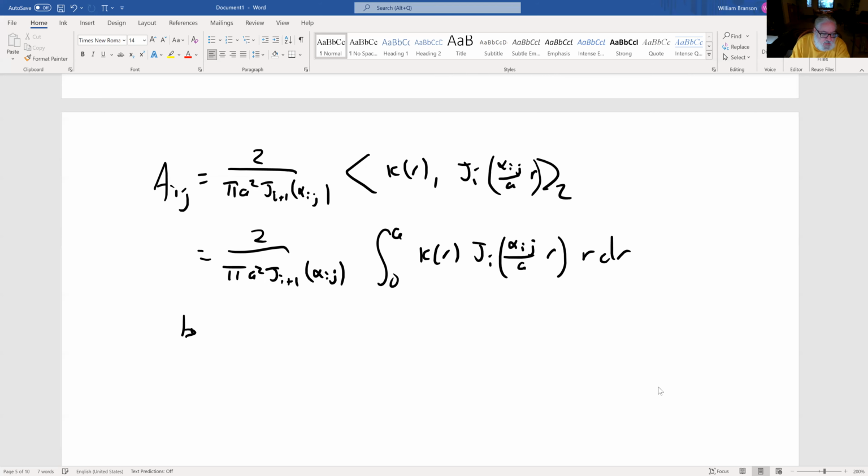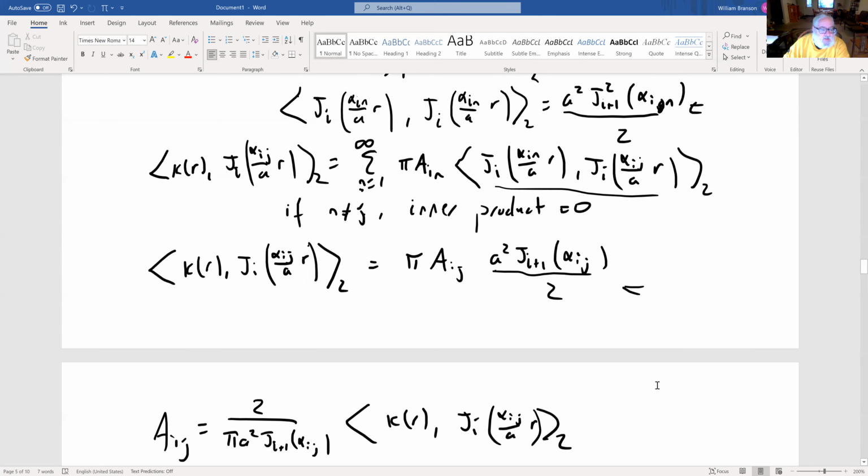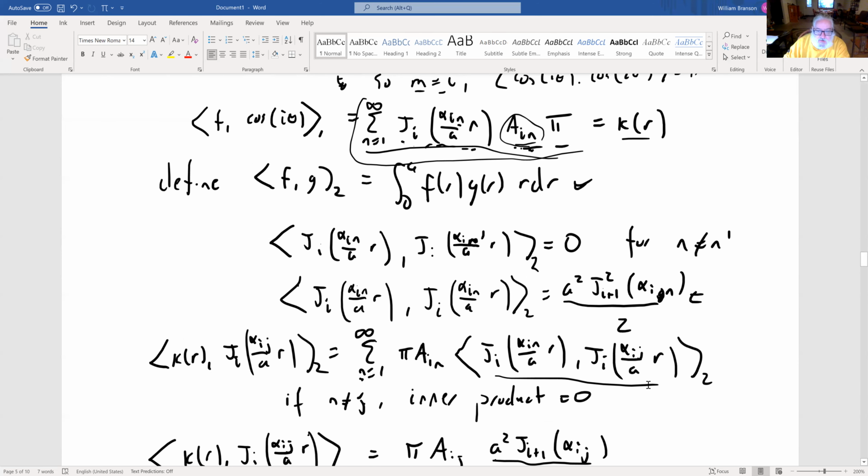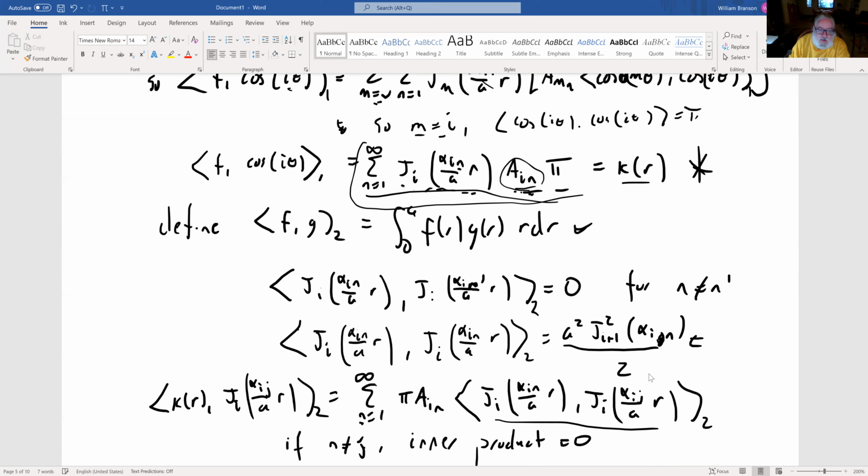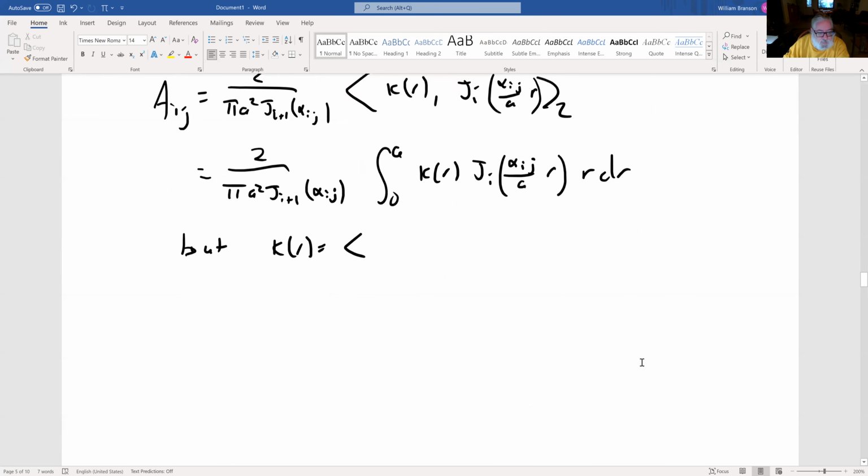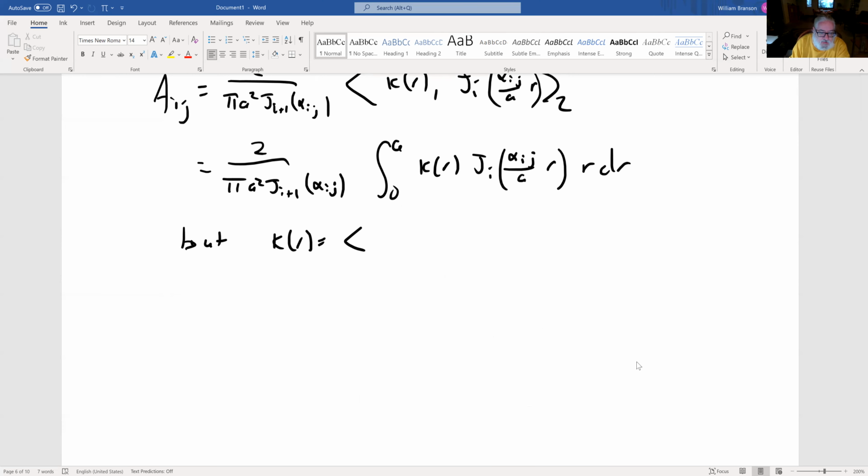But k of r itself was defined as an inner product, right? We defined k of r here. And that's the inner product of the function, the initial condition f, with cosine I theta. And that is an inner product 0 to 2 pi of f of r theta cosine I theta d theta.